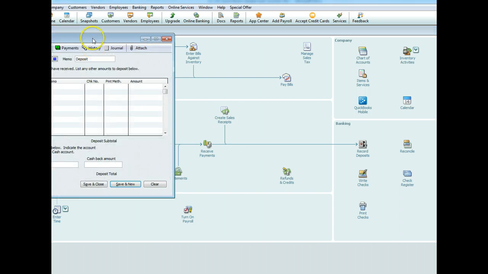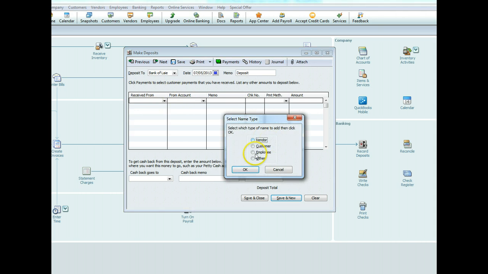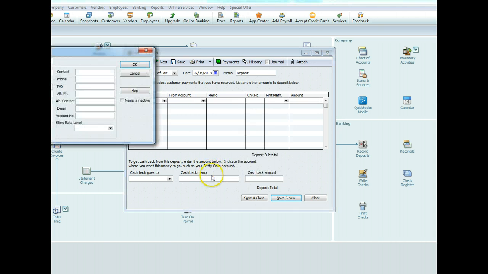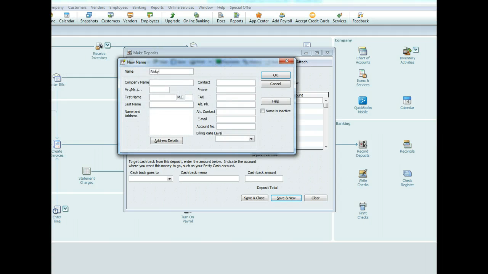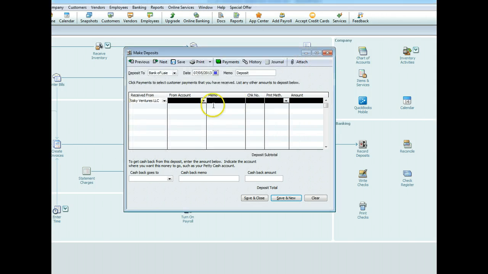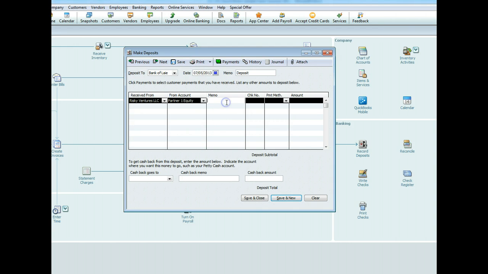So now we have our make deposits. And our date is July 5th. Our received from is going to be an other. It's one of our investors, and it's called Risky Ventures LLC. They're our partner. Risky Ventures is going to put some equity in.